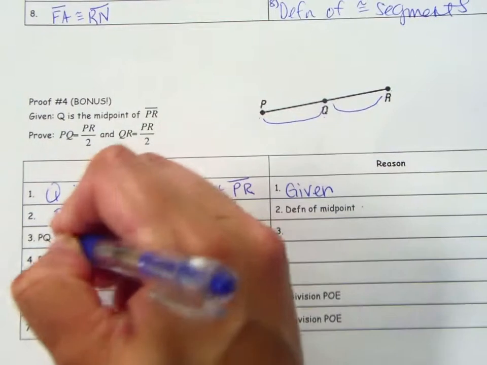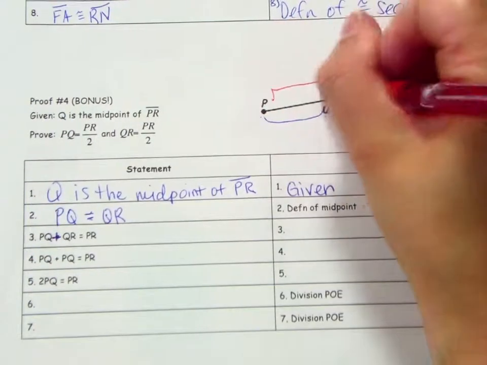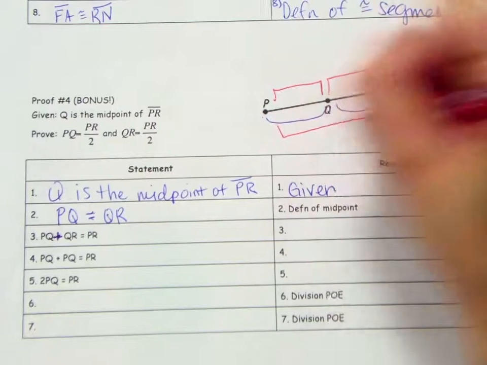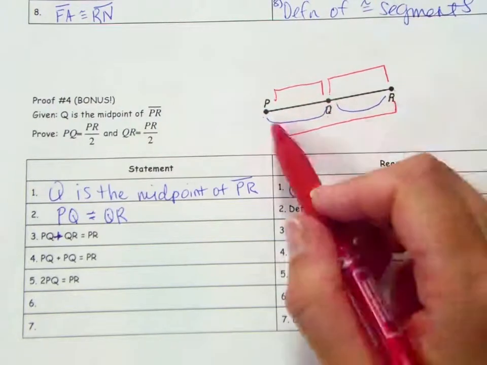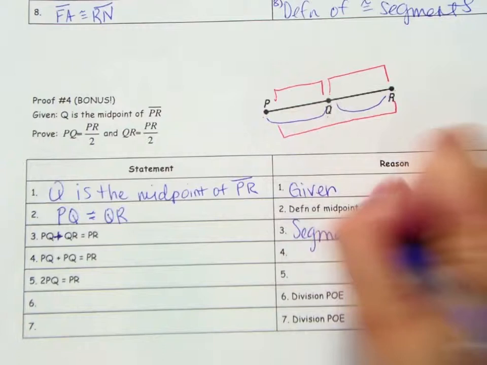On the next one, there's a little typo. This should be PQ plus QR equals PR. So the part plus the part equals the whole. That is our segment addition postulate.